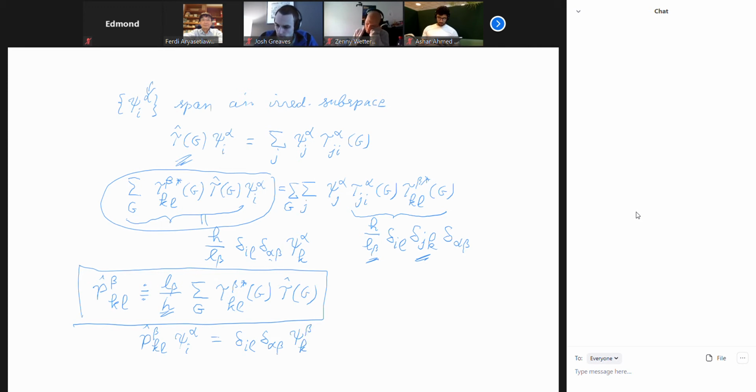So it doesn't matter whether I have beta or alpha because I have this Kronecker delta. So if beta is equal to alpha, then P kI acting on psi I alpha is equal to psi k alpha.